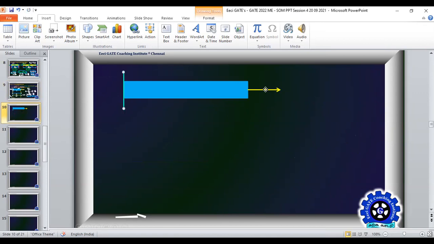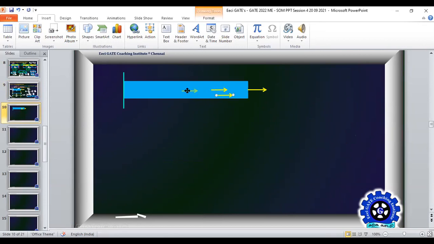Now here, one load will be acting here. One load will be acting here. Instead of writing on the board, better to draw here. It is simple. You will get the exact same thing.